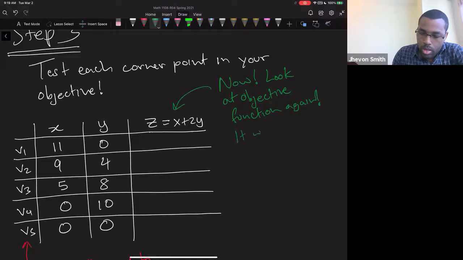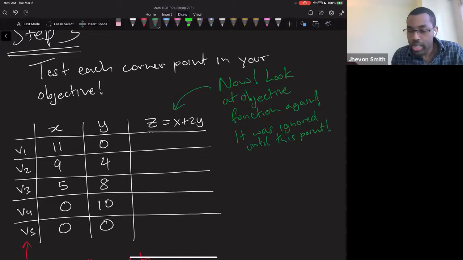It was ignored until this point. Everything we've been doing up until this point was with the constraints, right? We sketch the constraints, we find the feasible region based on the constraints, we find the corner points based on the constraints, everything. Now it's at the end that we care about the objective.